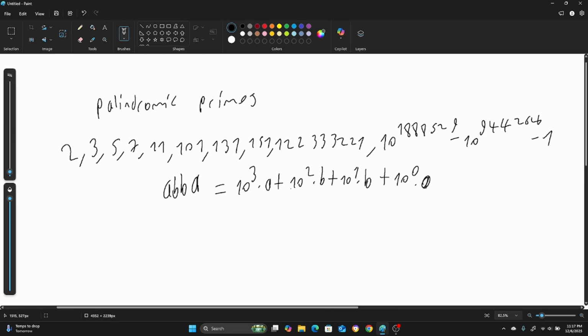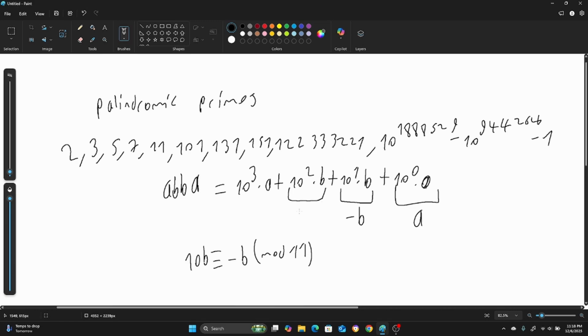When you divide this number by 11, this is gonna give you a remainder of A. So we are doing modular arithmetic in here. This is gonna give you a remainder of minus B, because 10B is congruent to minus B mod 11. If you don't know any modular arithmetic, I encourage you to learn it. It's pretty interesting and we use it a lot.